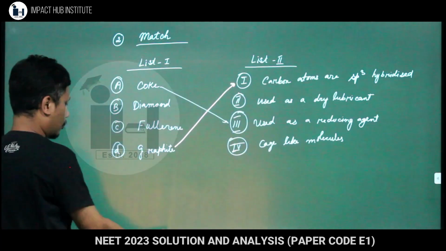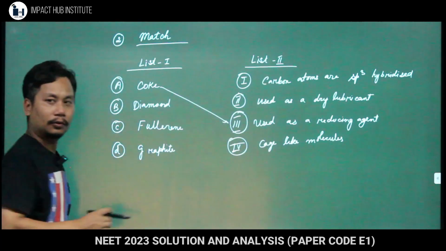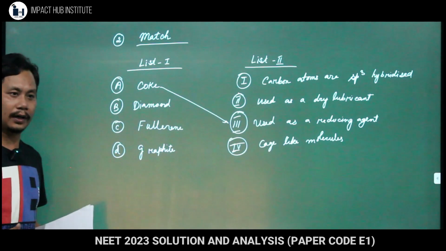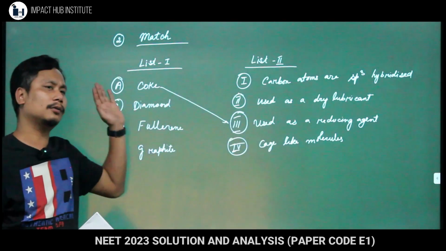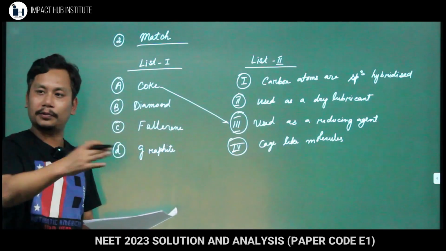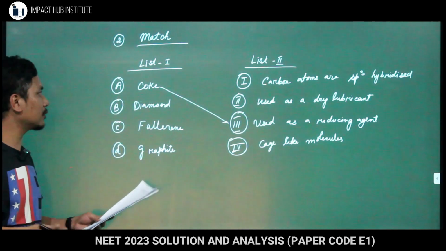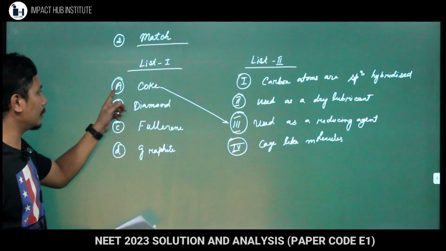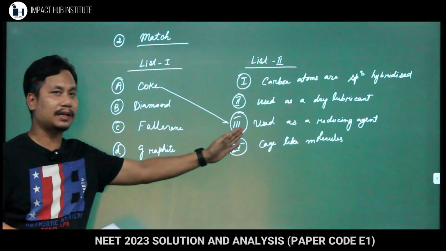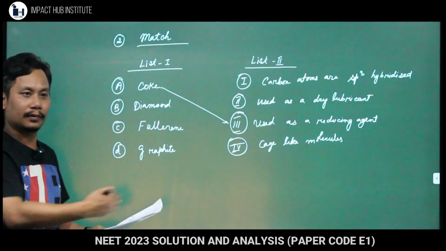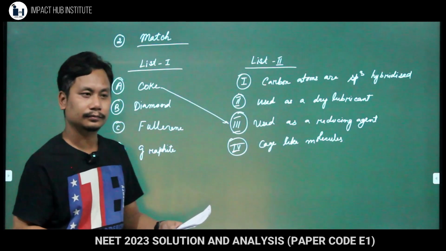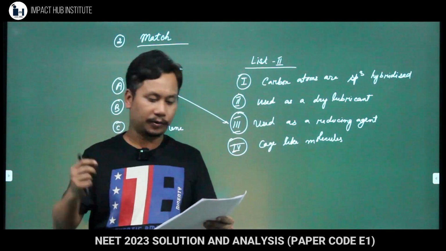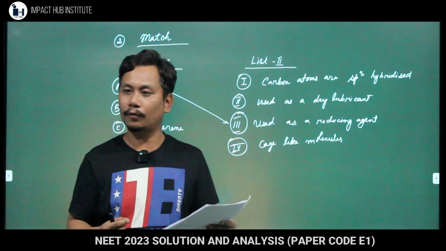Carbon atoms. You don't have to look into all the following options. Whenever you have to match something, just see the option number, suppose A, is it matching with 3 there in the options? In option number 3 and option number 4, A has 3.